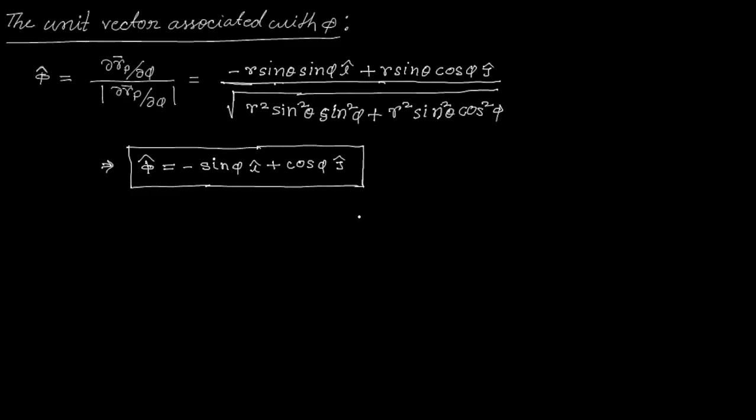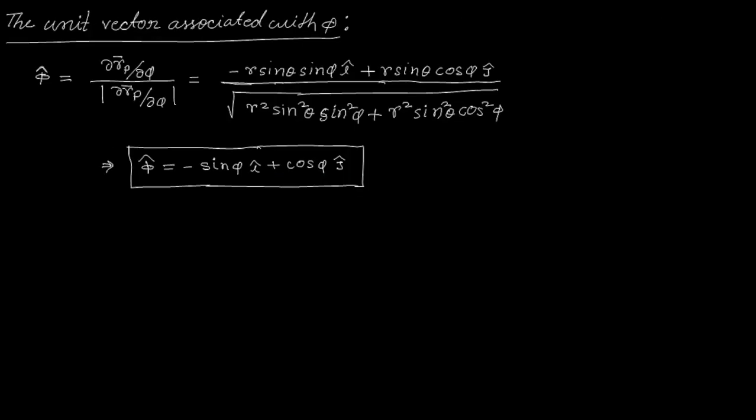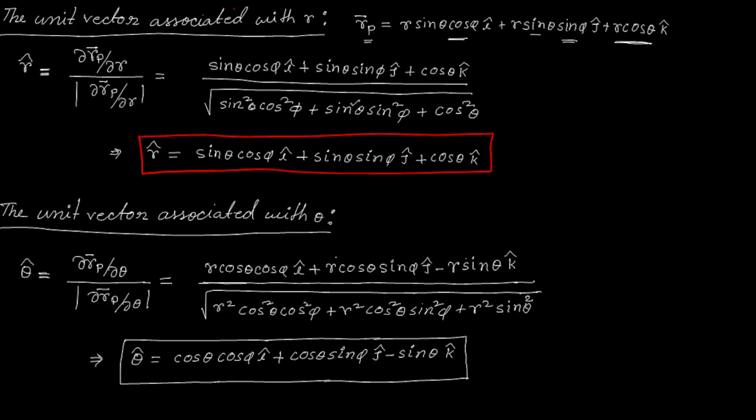You can see here, r cap is a function of theta and phi, theta cap is also a function of theta and phi, and phi cap is a function of phi. One more thing you can notice here, r cap is in general a function of i cap, j cap, k cap. So r cap has 3 components, i component, j component, k component, so it will lie in space.